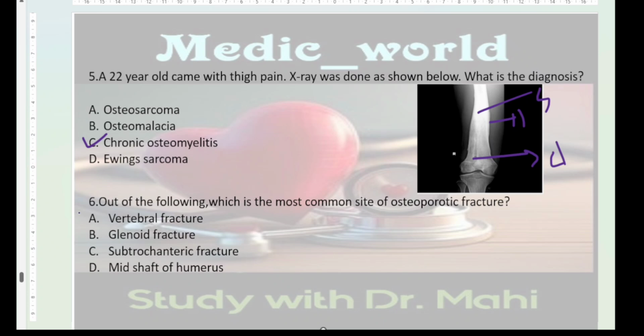Now, the next question is out of the following, which is the most common site of osteoporotic fracture? Out of the following fractures, that is vertebral, glenoid, subtrochanteric, and mid-shaft of humerus, the most commonly seen fracture in osteoporotic patient is the vertebral fracture.